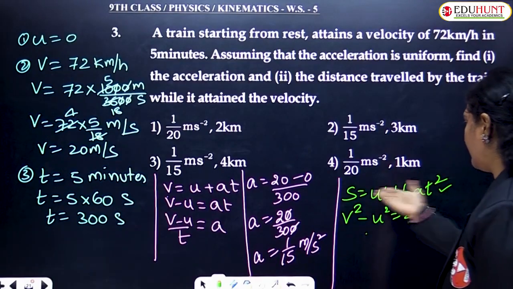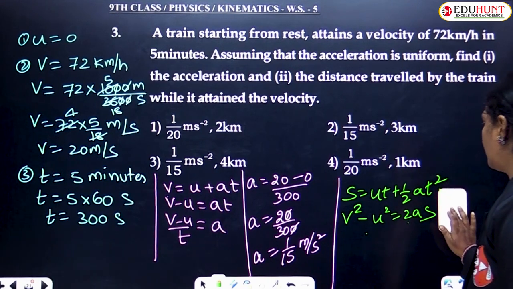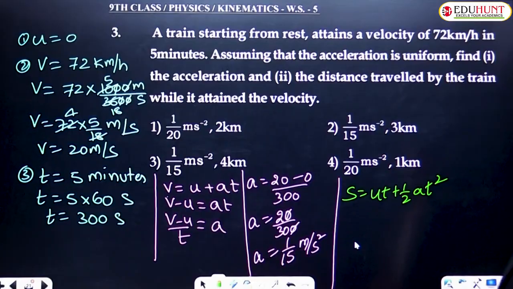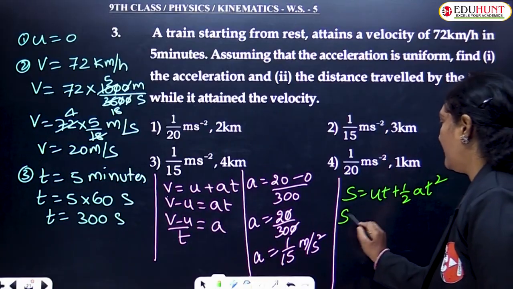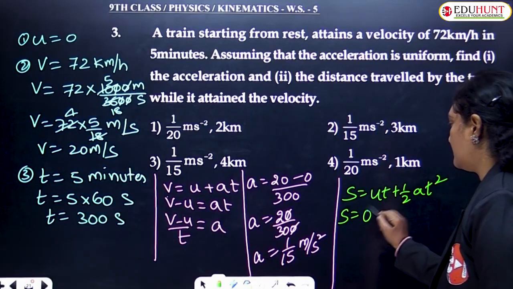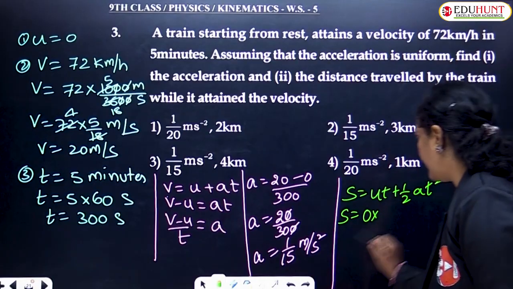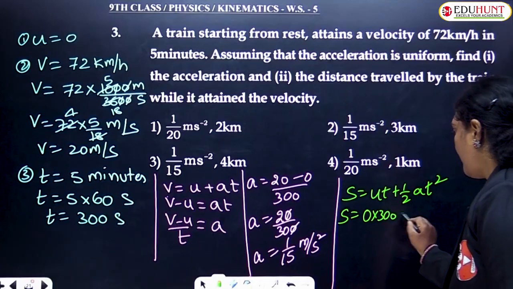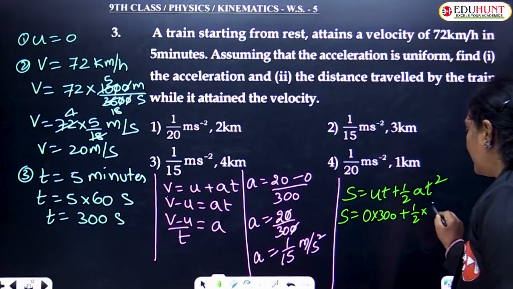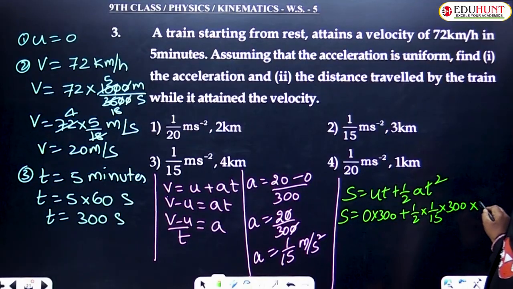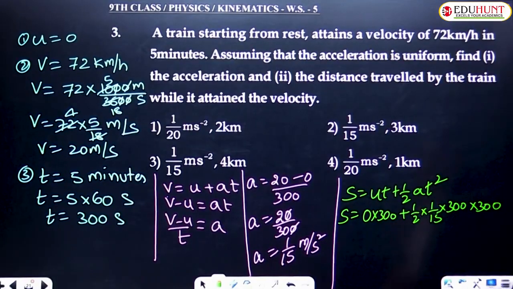So children, as I have written the first one, I will be using this first equation. To find the value of S: initial velocity is 0, time is taken as 300 seconds, plus half, acceleration was 1 by 15, just now calculated, time is again T square, 300 into 300.